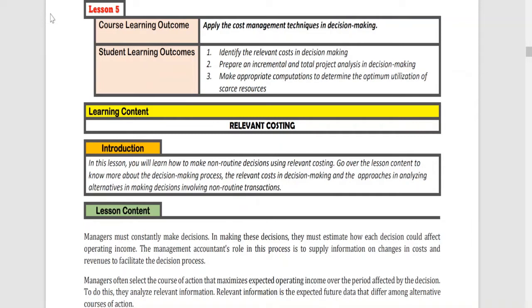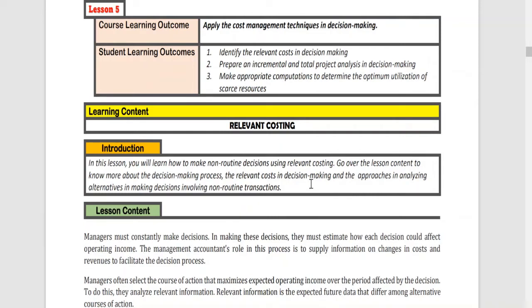For today, we will talk about relevant costing that will help us make non-routine decisions. So join me in this lesson to know more about the decision-making process, the relevant costs in decision-making, and the approaches in analyzing alternatives in making decisions involving non-routine transactions.